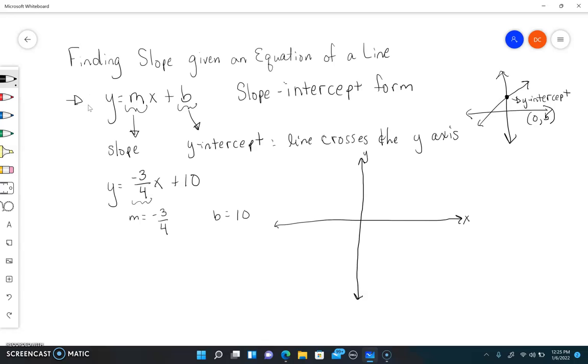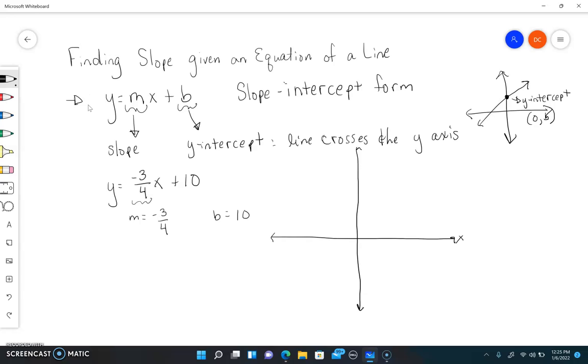Knowing these two things, I can graph this line. I know that my y-intercept, my b, is (0, 10). So I'm going to go up 10. Oops, I need to go a little further. Let's try doing that again.